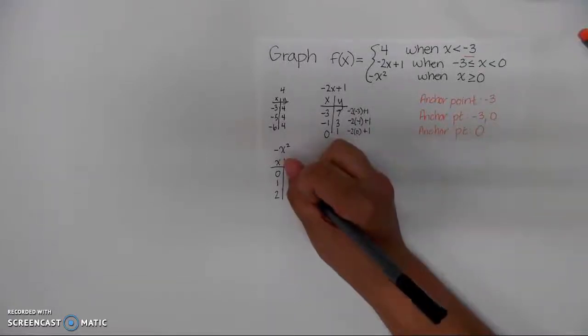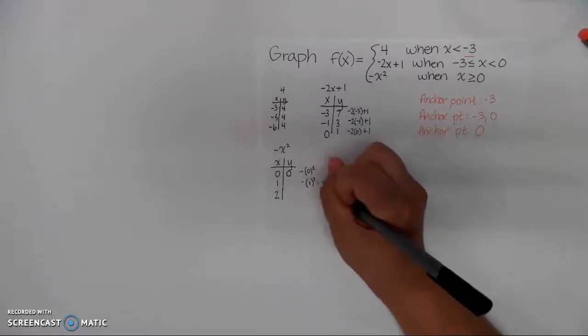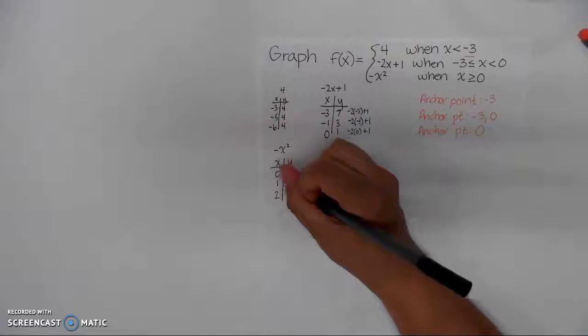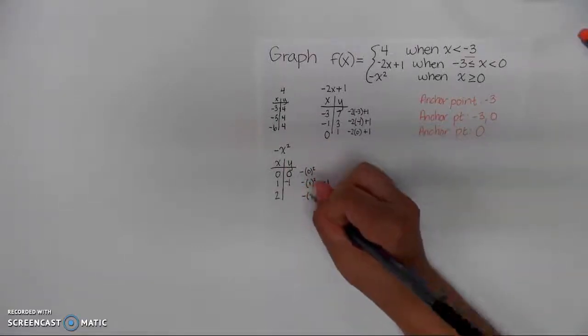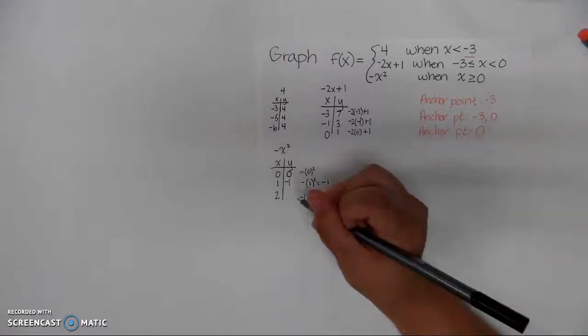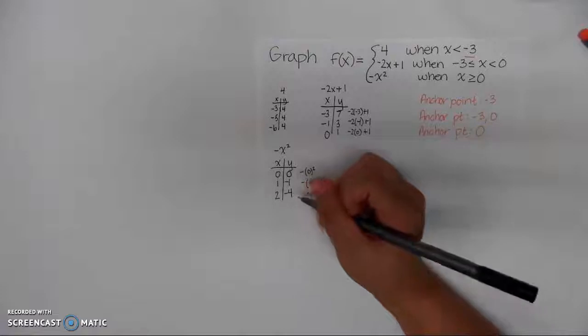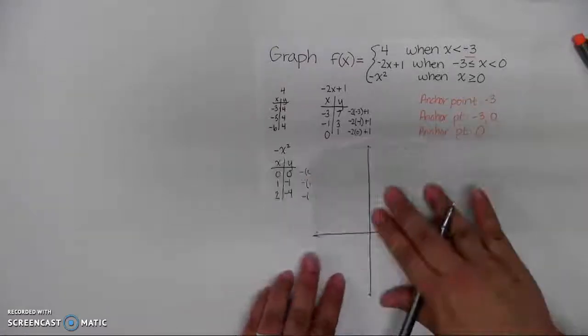You can't have a -0, so that's just 0. 1 squared is 1, but we got to make it negative. So -1. And then negative times 2 squared. So that'd be 2 squared is 4, and then make it -4. So there are all my pieces to my piecewise function.